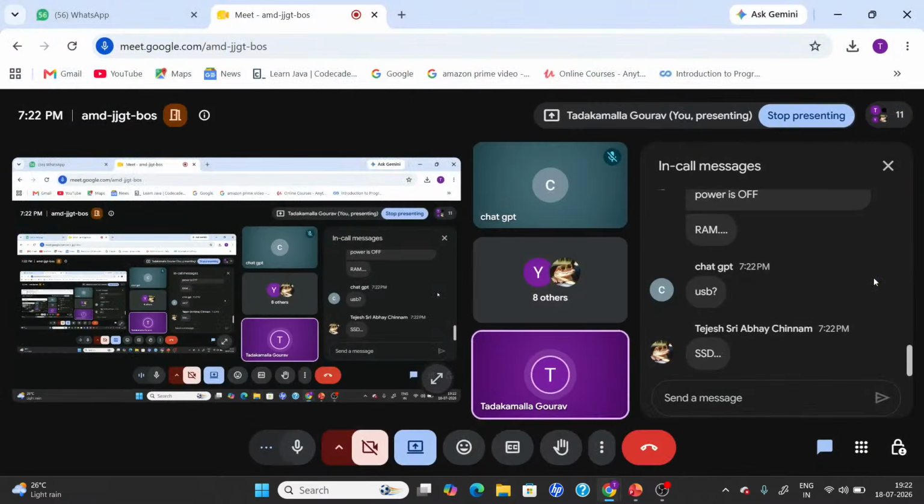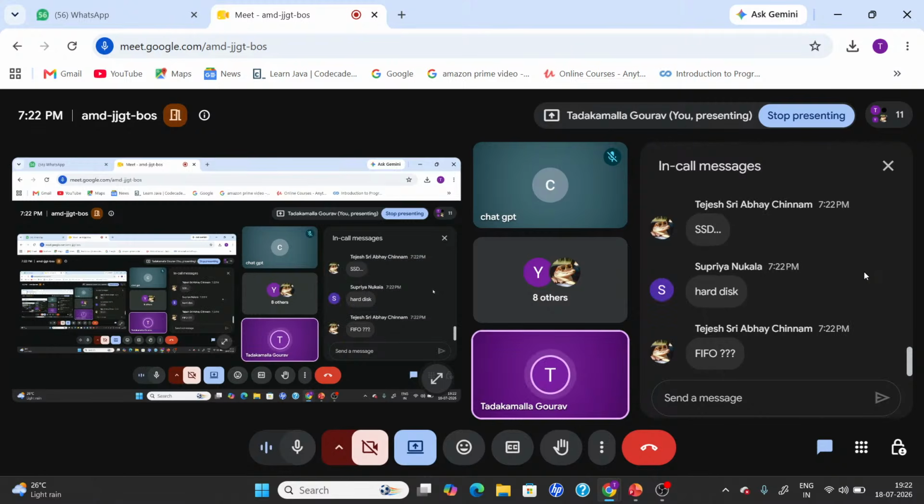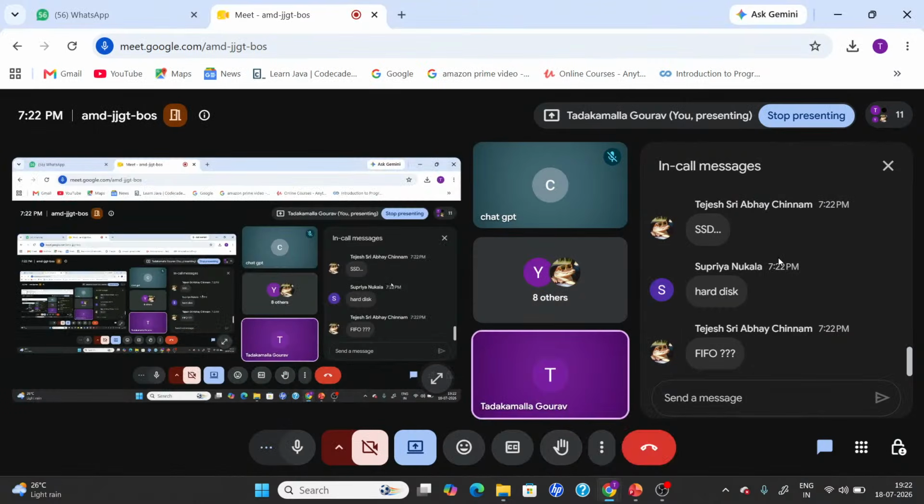USB, SSD, hard disk, FIFO. Okay, I will give you one simple application of using a non-volatile memory.